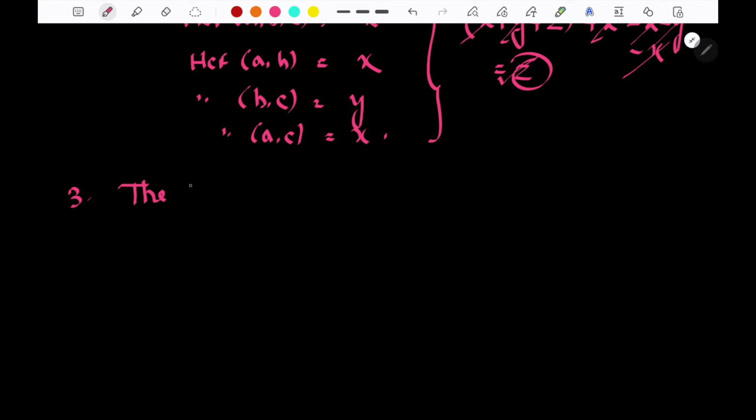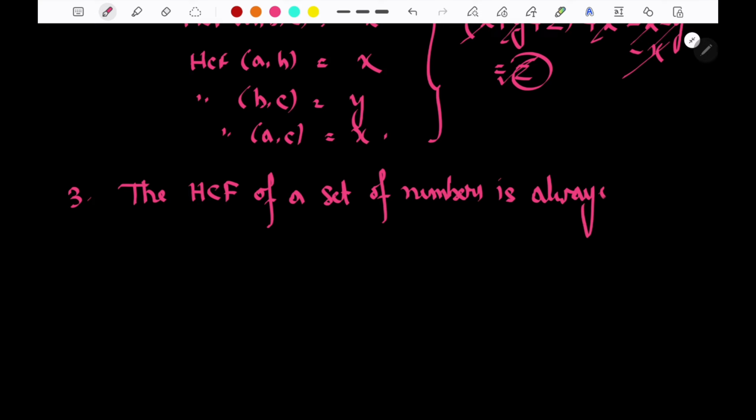The HCF of a set of numbers is always a factor of their LCM. Now again, what does this mean?